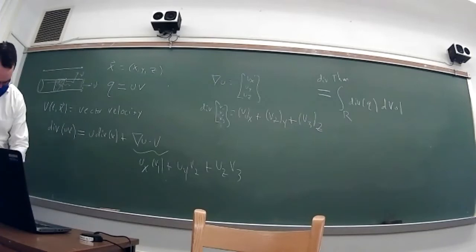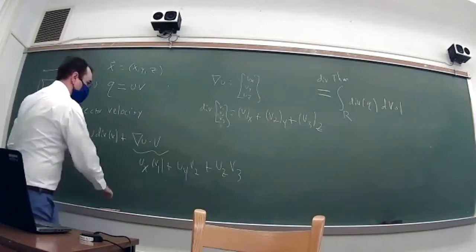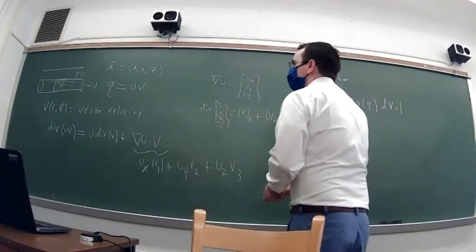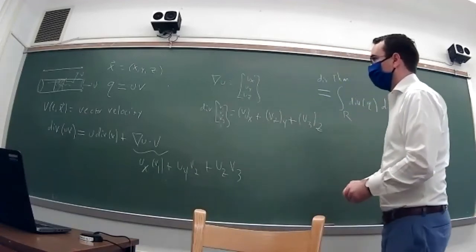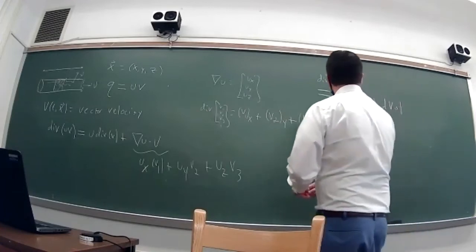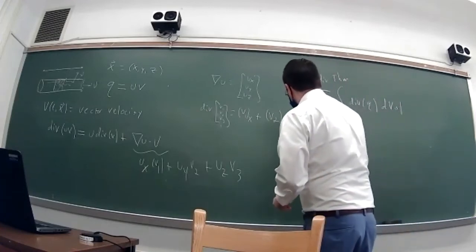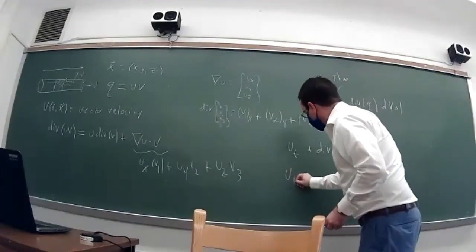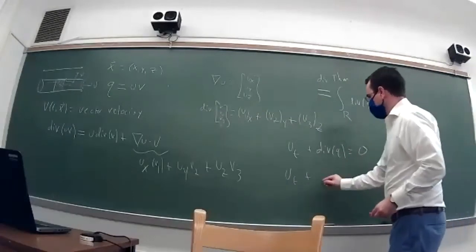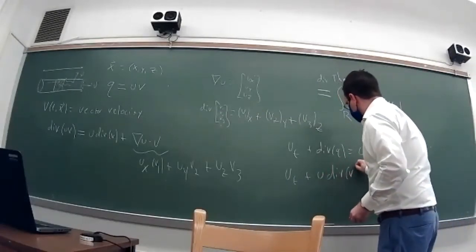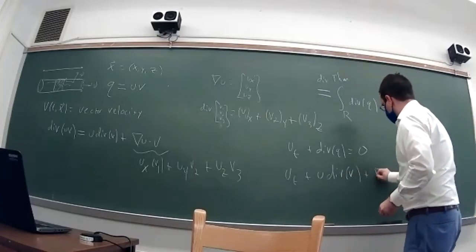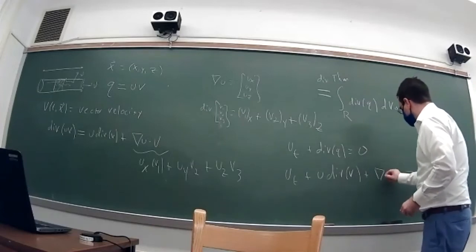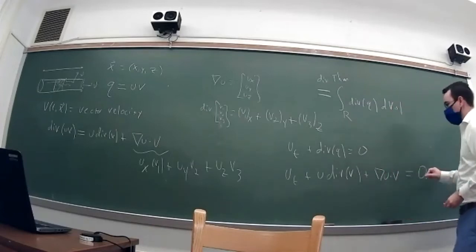What I do want to do is finish up the calculations. So what we've got is that this divergence becomes u times the divergence of v plus the gradient of u dot v, equals 0.